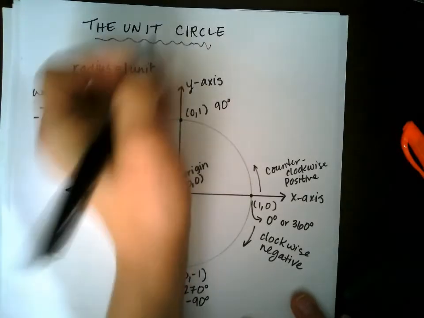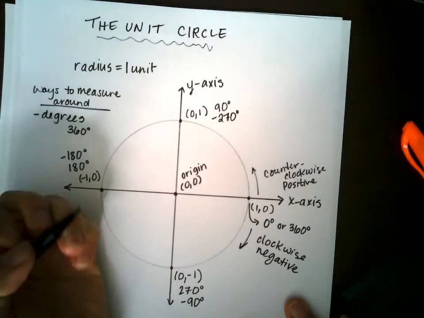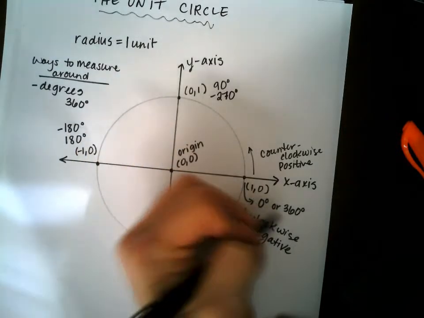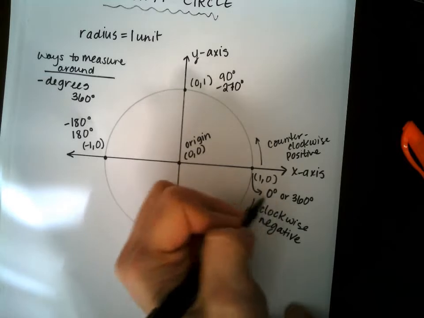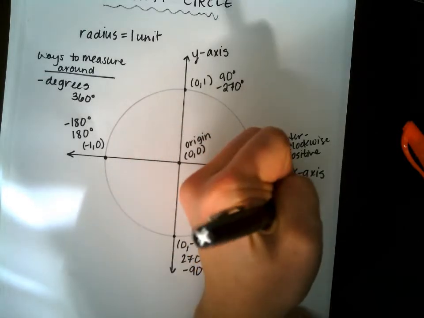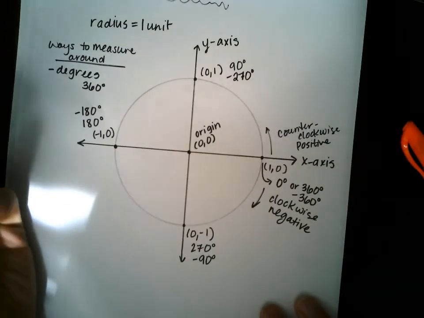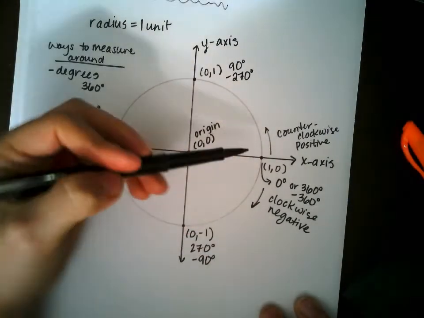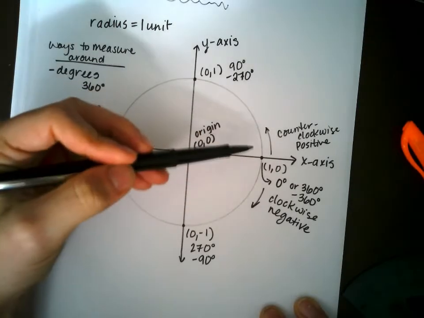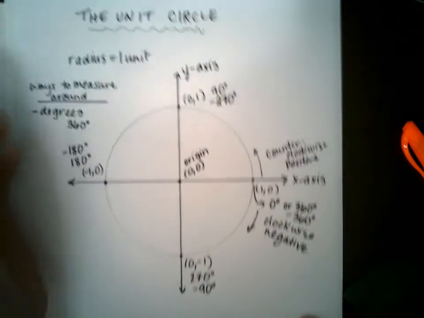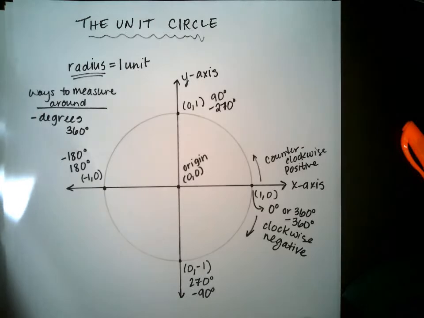And then I can go up further and get to here, and it's positive 90, but it's also negative 270 degrees. And then back at the beginning, I would be at negative 360 degrees, or 0, or positive 360. So again, measuring counterclockwise around the unit circle is positive, and measuring clockwise is negative. And again, it is called the unit circle because the radius is exactly 1 unit.